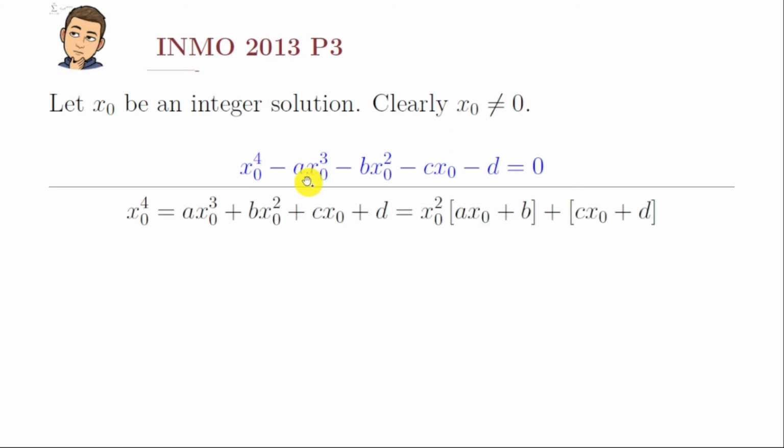Okay, and then first notice that x0 to the power of 4, I can write it this way: x0 to the power of 4 equals x0 squared times (ax0 plus b) plus (cx0 plus d). I just move all the a, b, c, d terms to the right hand side. And these two terms are important, ax0 plus b and cx0 plus d.